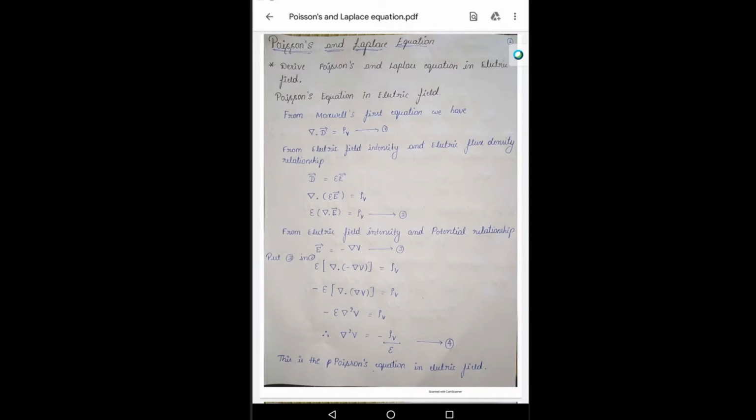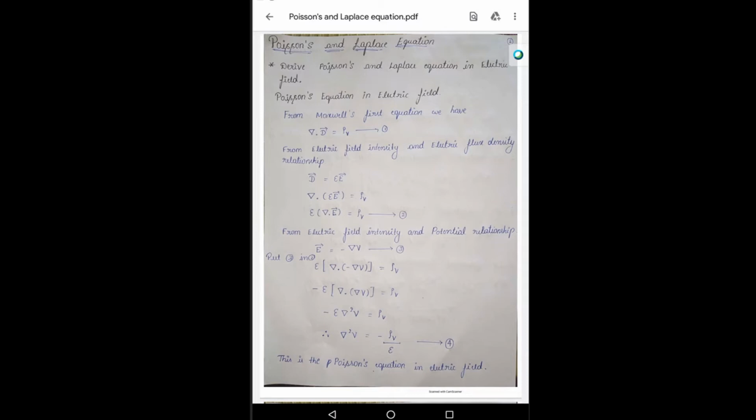So in order to derive Poisson's and Laplace equation, we consider the Maxwell's first equation, or Gauss law in point form or differential form. So what is Maxwell's first equation? Del dot D is equal to rho V. That is first equation.